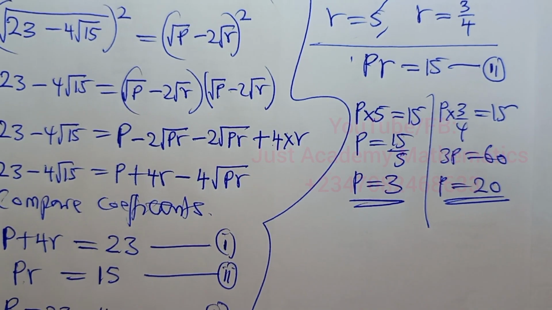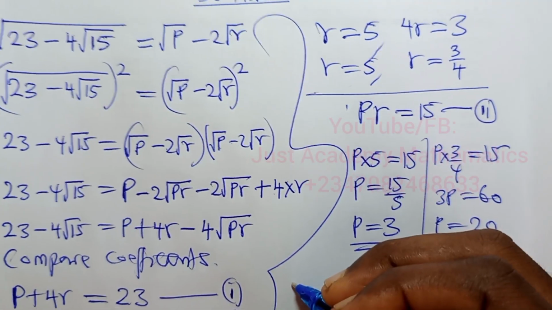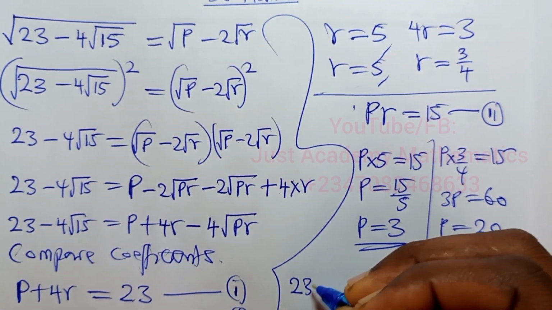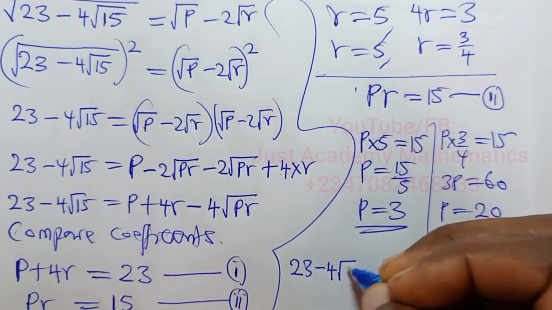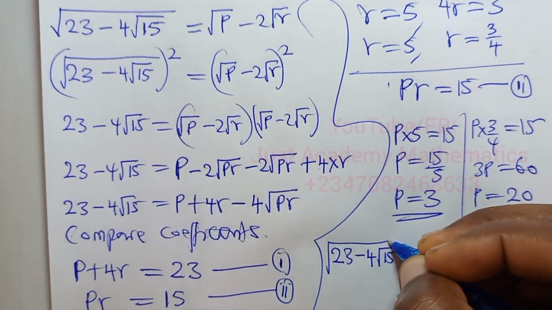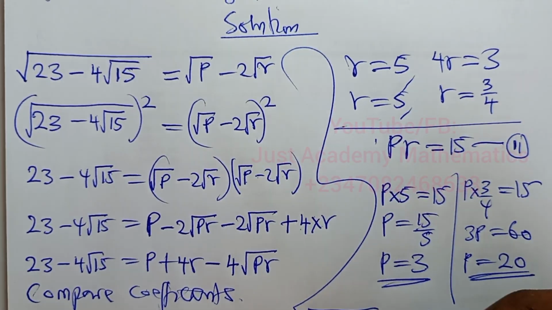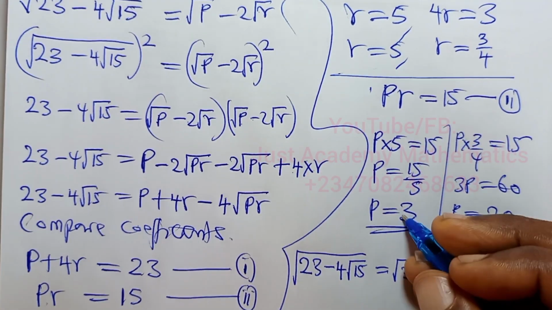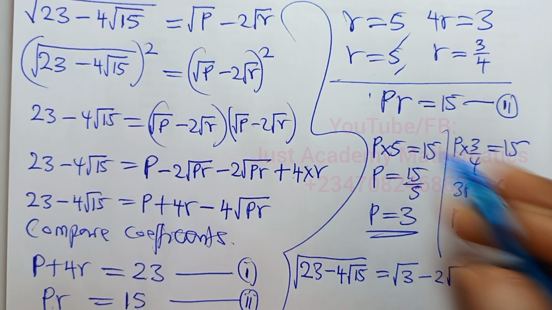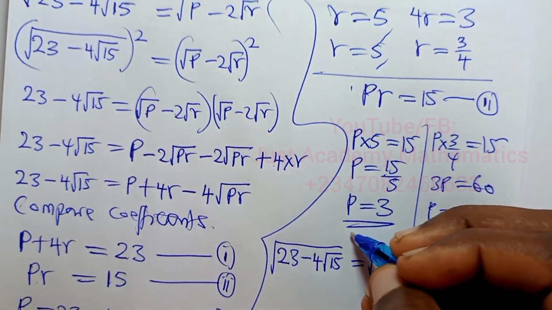But we need to check to know the one that will give us the value. So we need to check the two. The square root of 23 minus 4 root 15 is equal to root P minus 2 root R, when P is 3. When P is 3, R is 5. This is one possibility. We are checking now.